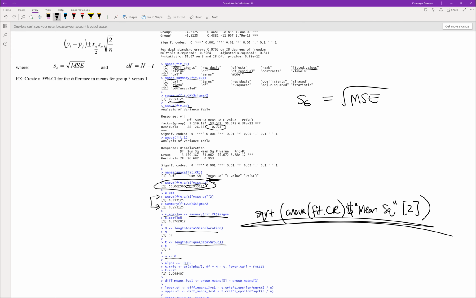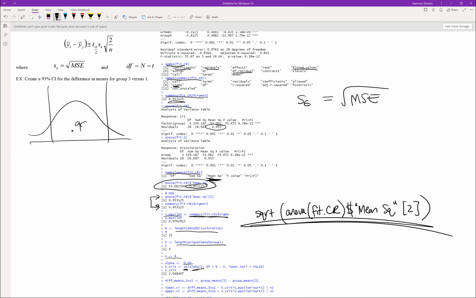My alpha level is 0.05 because I'm trying to find a 95% confidence interval. I need the critical value for t, so I use qt, because that says if I give you the area under the curve, what is the value of t associated with that area? So I'm putting alpha over 2 in each tail because we're doing a confidence interval.